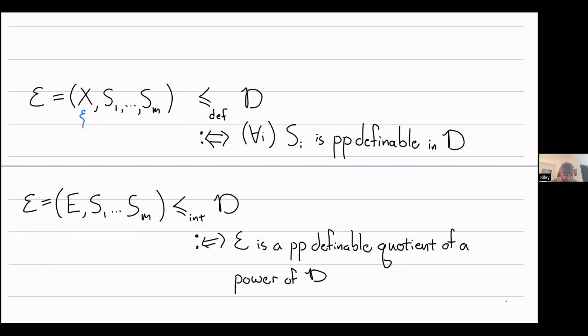So E is PP interpretable in D, which we write with less than sub interpretable, if there is some power of D and some subset of the power that's PP definable and some PP definable relations on the subset and a PP definable equivalence relation. So that if we quotient out the subset with the relations by the equivalence relation, we get a copy of E. Okay, so E is some PP definable quotient of something definable in a power of D.